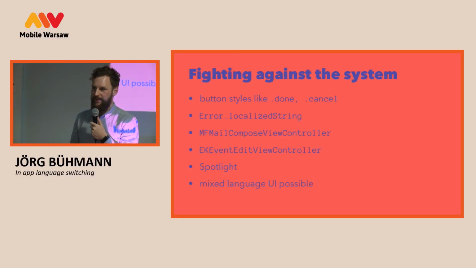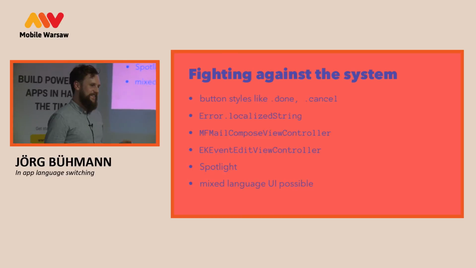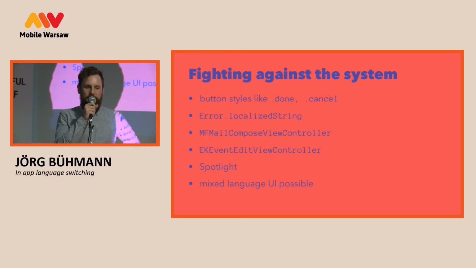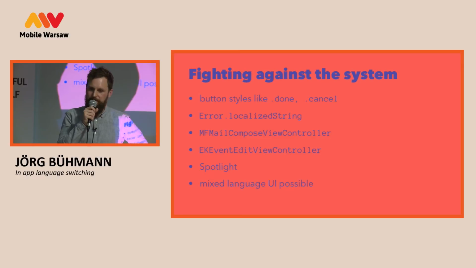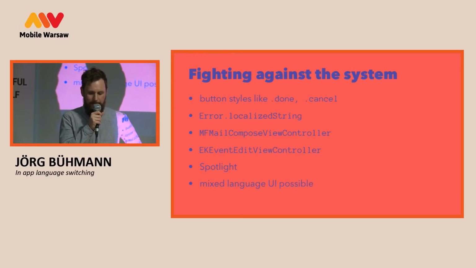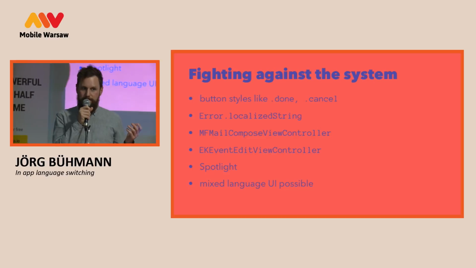Okay. We're not done yet. So now we have our own way of reading our localized strings from a file. That's pretty good. It helps us for all the strings that we set ourselves in our own user interface. But we might use system elements, and there are things like default styles for buttons.